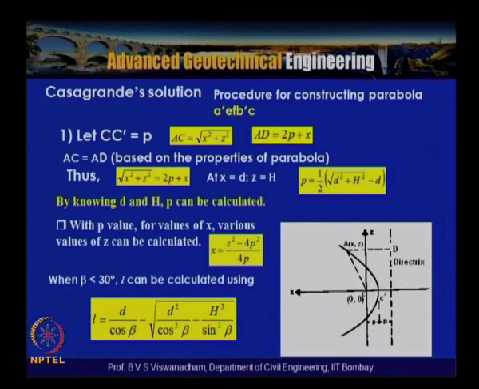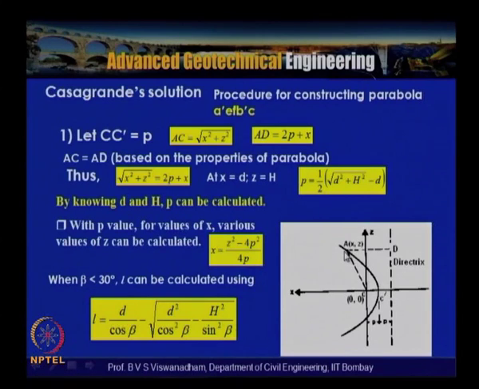With this Casagrande solution, the procedure for constructing the parabola is as follows. The parabola here is A dash E F B dash C. Here CC dash is equal to p, and the distance equidistant on this side is again p.